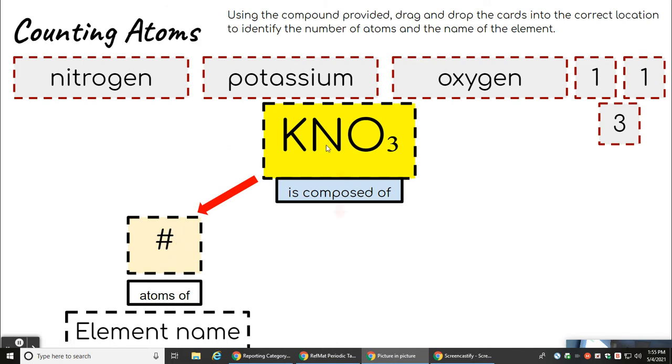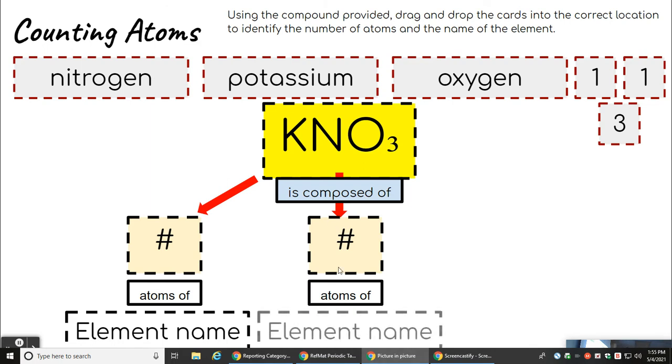Let's go to our next element. Each capital letter is signifying a new element. So this chemical formula is composed of, how many atoms of nitrogen do we have? We have 1 because there's no subscript, so it's just one atom that we see there. So you'll drag and drop a 1 for one atom, and then the element's name is nitrogen.